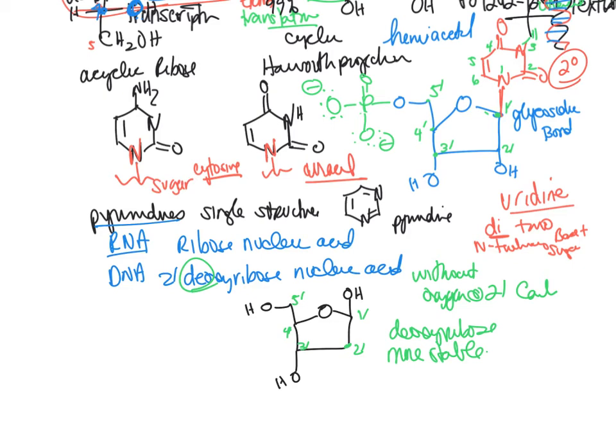And the other difference is the base. So let's draw the base of thymine. So we draw our pyrimidine here, which is a single structure there, and you get your CH3 here.